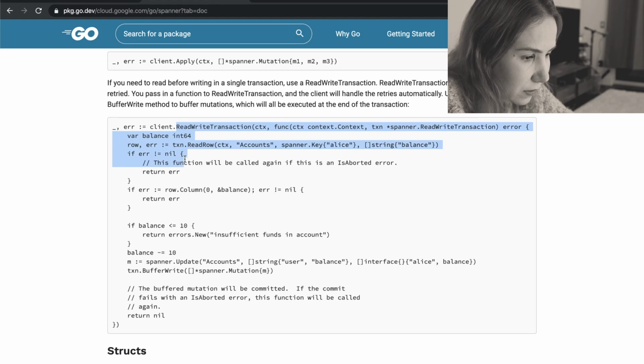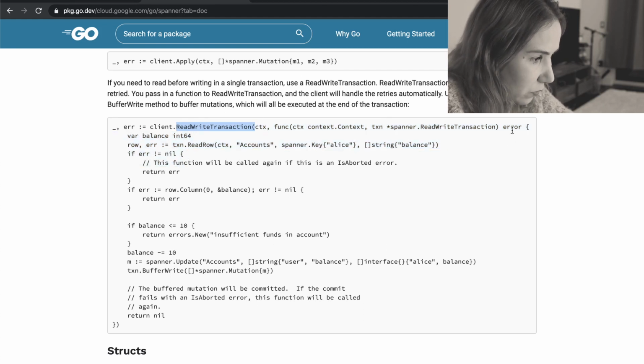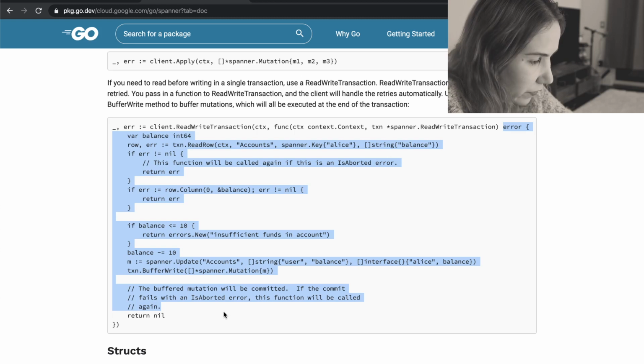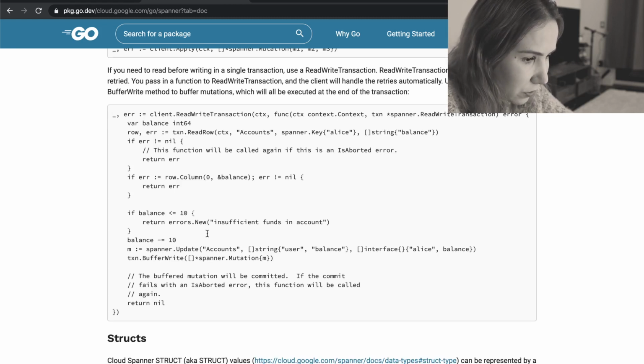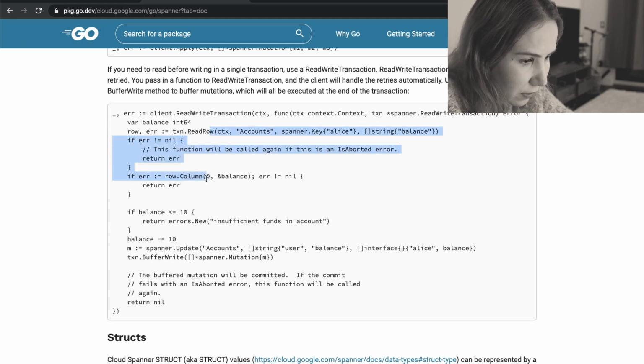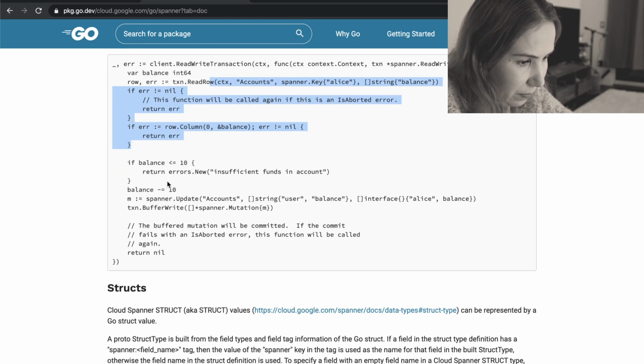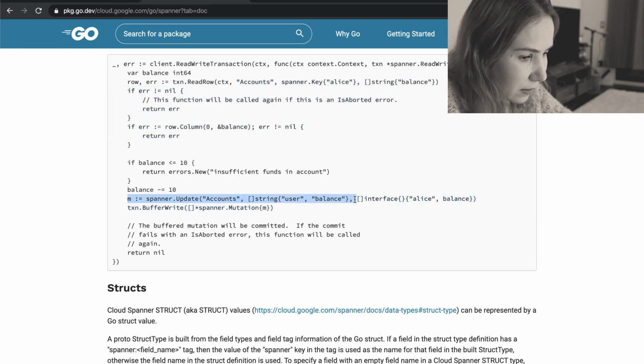You create a read-write transaction, which allows you to specify this block, and it could be anything. And if you need a transaction, it means basically you have to do a bunch of reads and a bunch of writes. In this case, they are reading a row and then updating some stuff based on what's been read. And if you take a look at this line, this is actually not really updating. This is creating a mutation, spanner.update returns a mutation, and then you buffer that write.